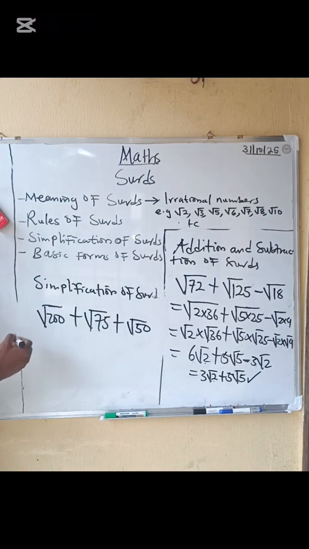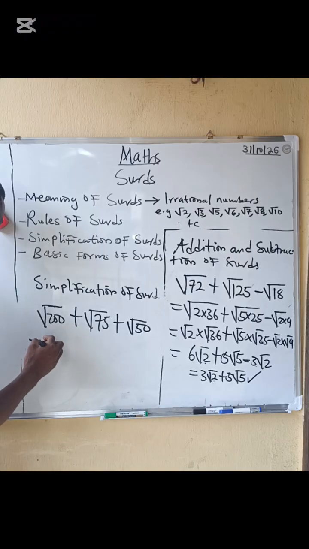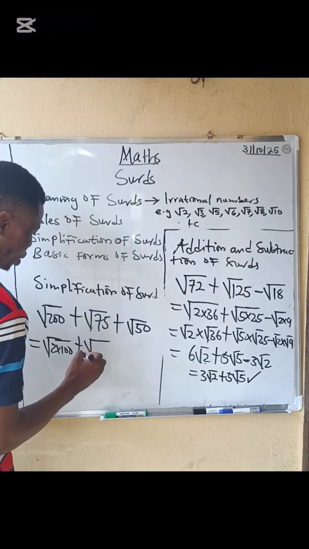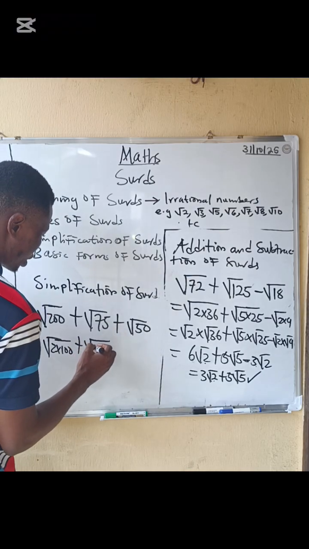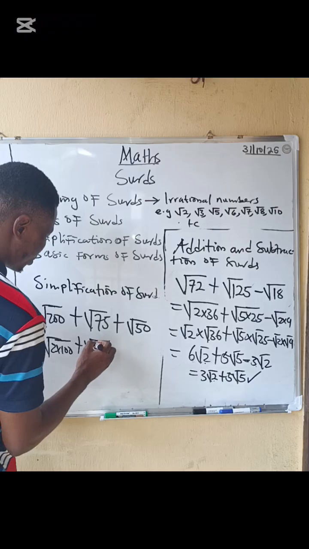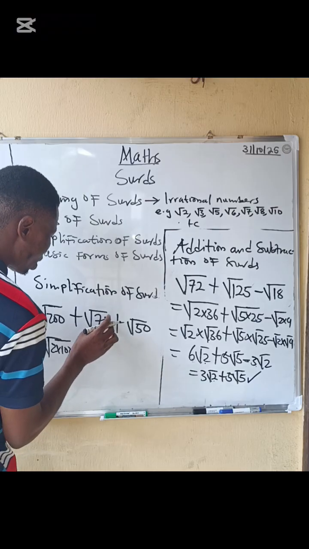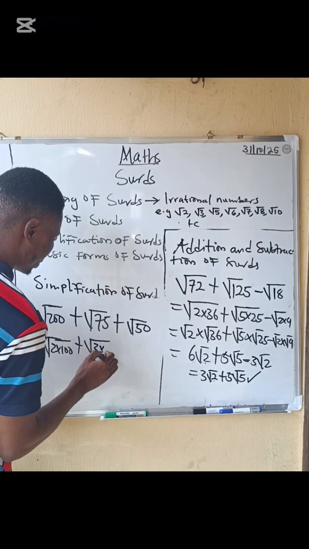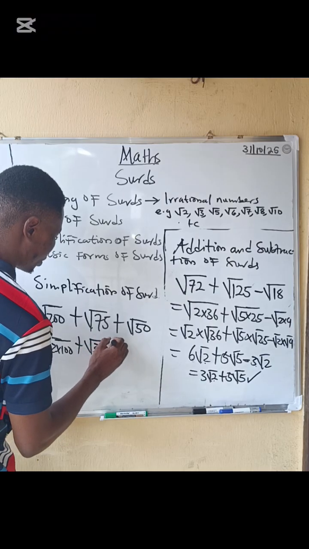All right, for 200, remember that 2 times 100 is going to give us 200, and 100 is a perfect square, right? So we have root 2 times 100 plus root 75, that will be 3 times 25, right?